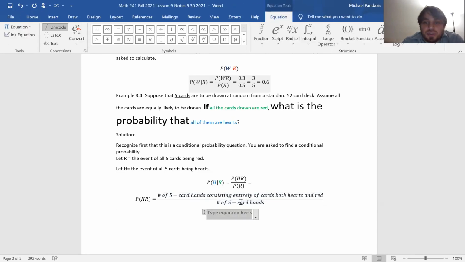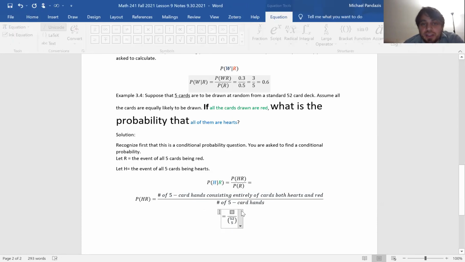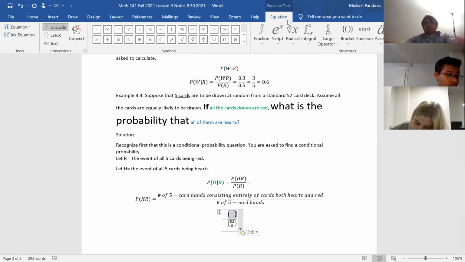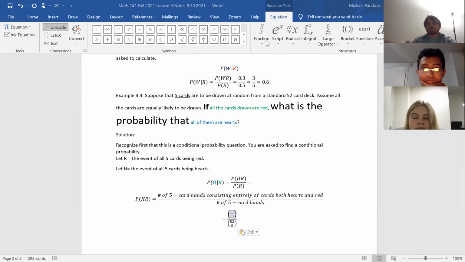Now, the denominator is the number of 5-card hands. If you have 52 cards in a deck, it's just the number of ways to choose 5 of them. The numerator is the number of 5-card hands consisting entirely of cards that are both hearts and red. So imagine having all 52 cards on the table, and you want to make a 5-card hand consisting entirely of cards that are both hearts and red. Get rid of all the cards that are not both hearts and red.